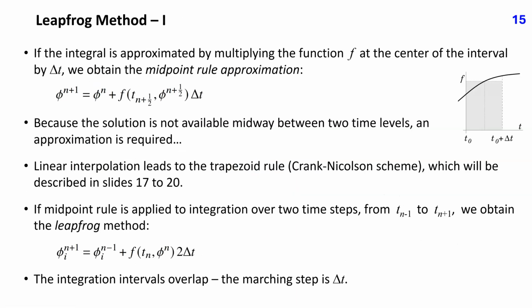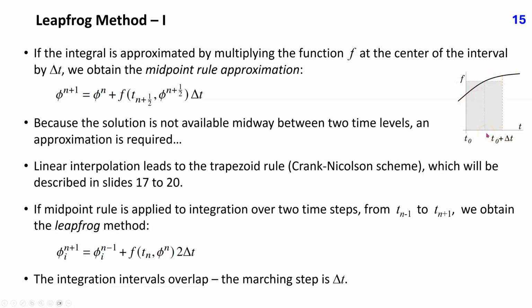We have seen in lecture 7 that midpoint rule is widely used to approximate surface and volume integrals. Why not use it for time integration as well? If we multiply the value of the function f at the middle of the time integration interval by the time step delta t, we obtain the midpoint rule approximation as indicated in this figure.